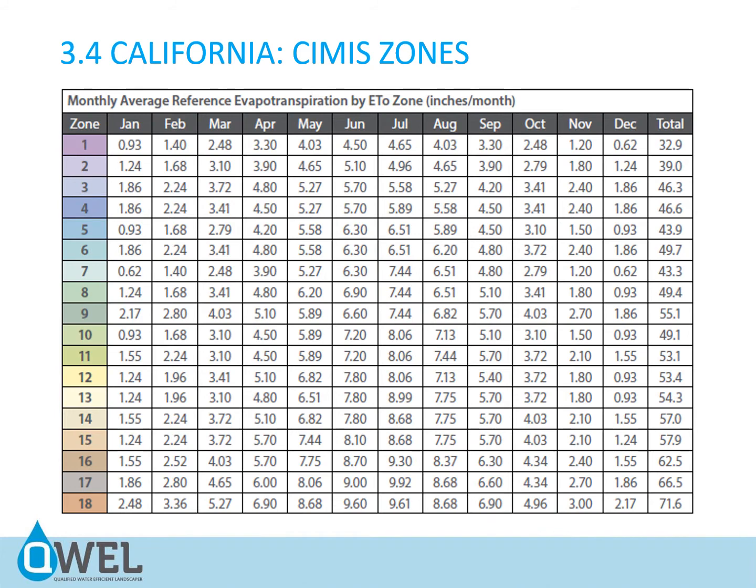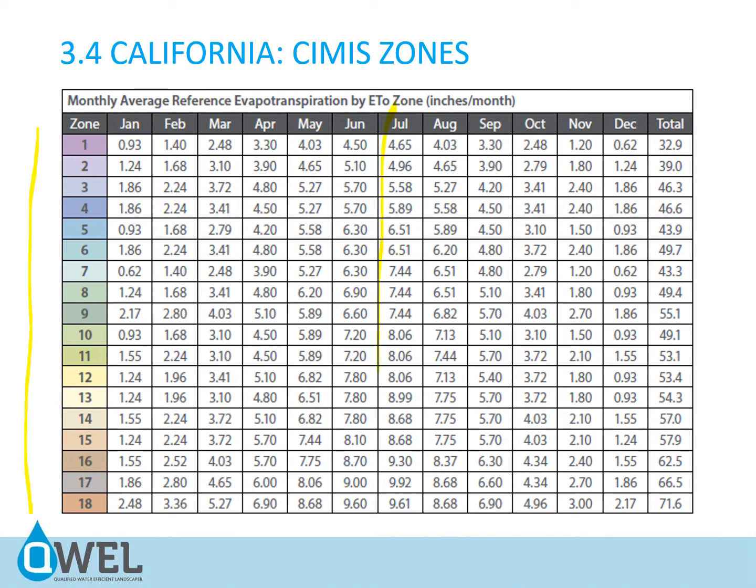This chart represents the monthly average ETo by zone, and you can see that it is color-coded on the left-hand side and numbered from 1 to 18. As those numbers increase in zone, so does their monthly average ET. In California, most ET zones have the highest ET month in July.